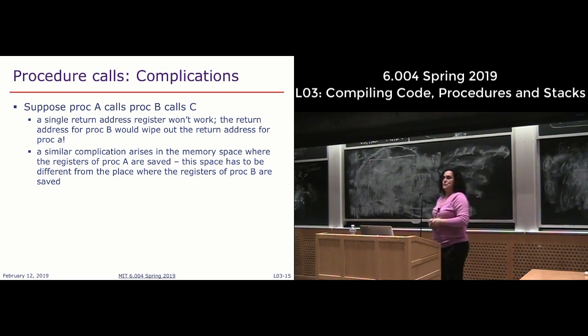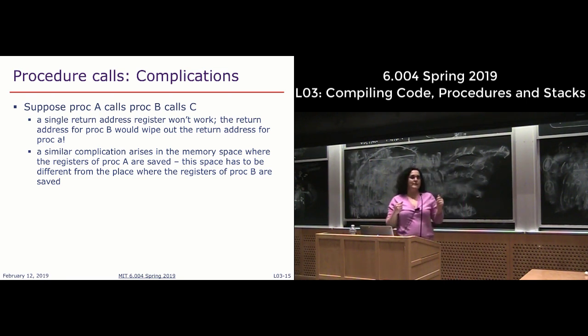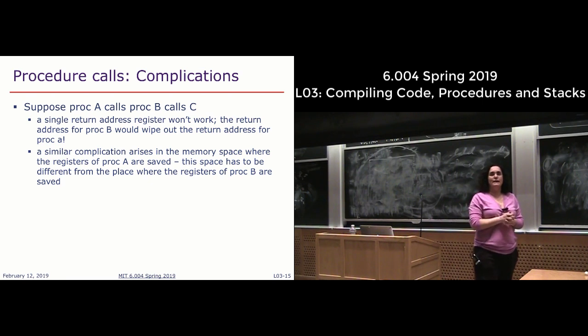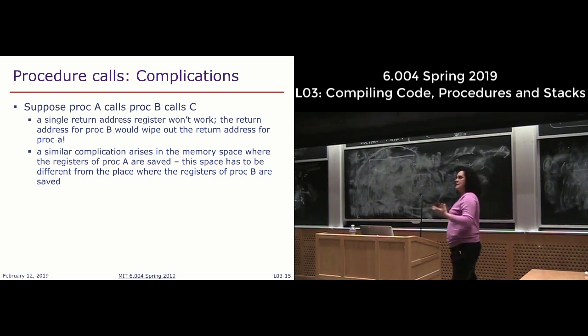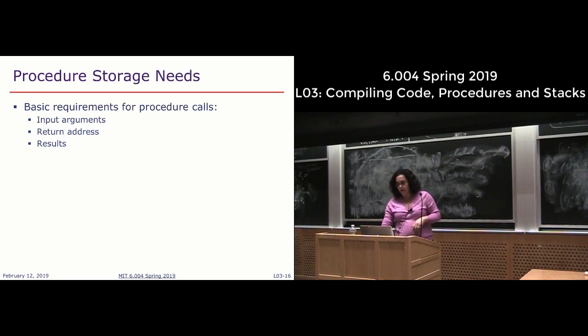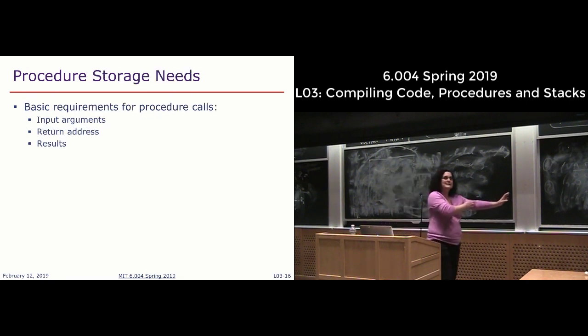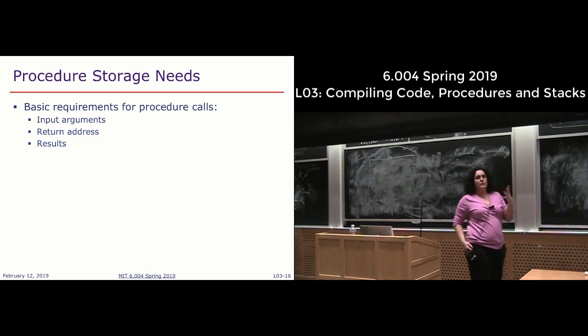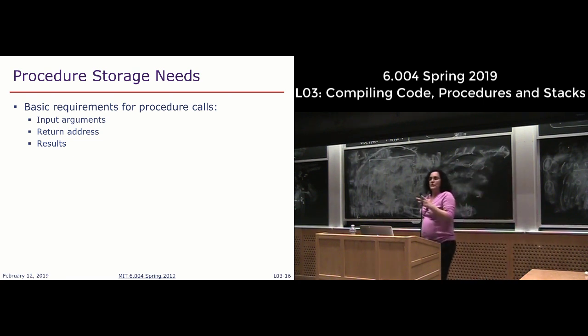We actually have to keep track of every instantiation of a procedure, all of its registers and the return address, and so this is going to bring us into a new data structure, which we're going to learn about today. All right, so let's summarize what are all the things that our procedure needs to know about, and what are we going to want to store in this new data structure?